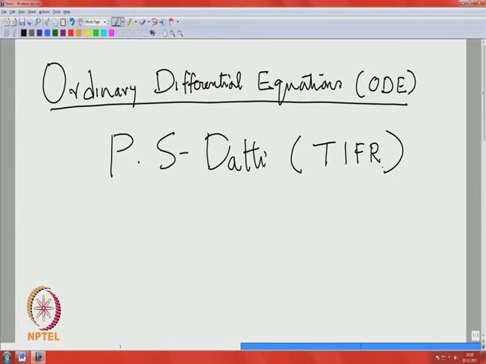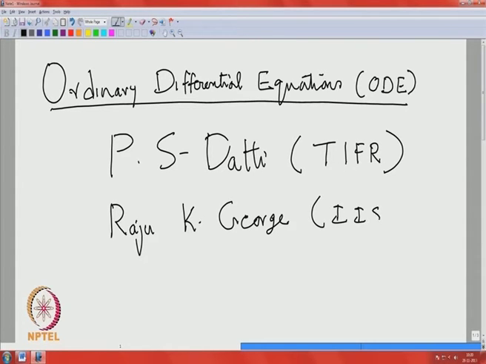It is basically called TIFR CAM, Center for Applied Mathematics, and Raju K. George from IIST, Trivandrum, Indian Institute of Space Science and Technology, and of course myself.